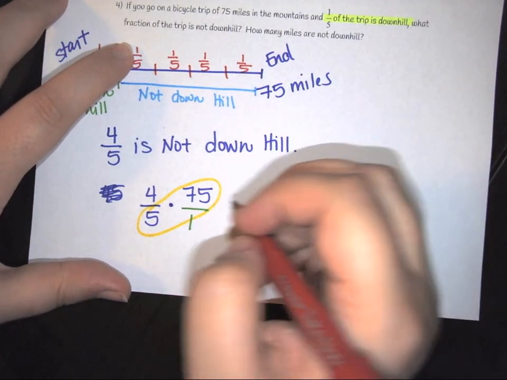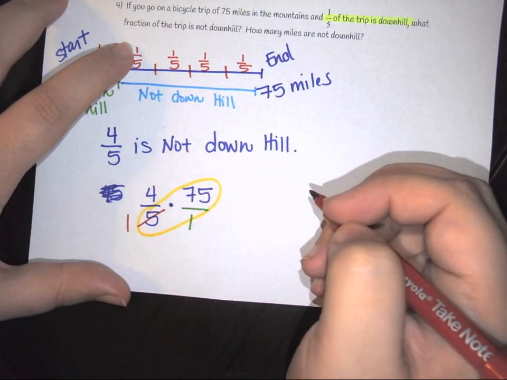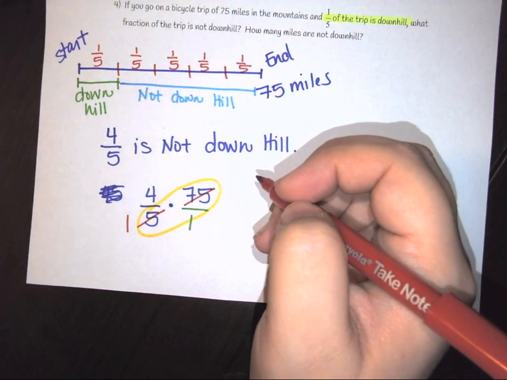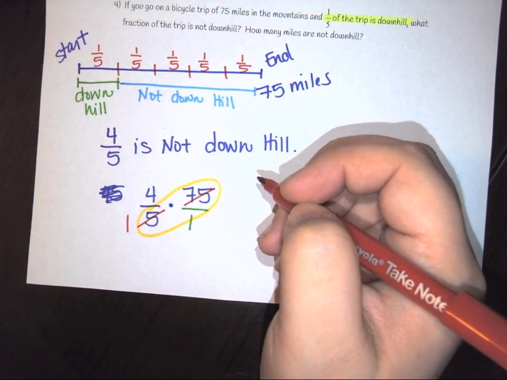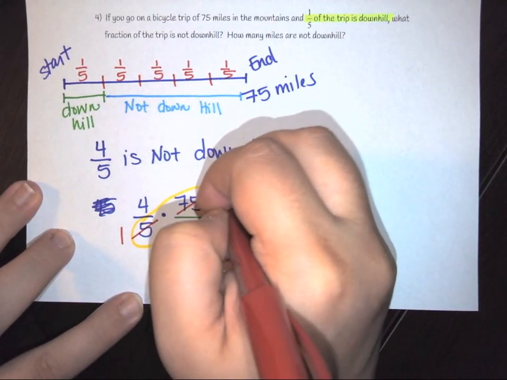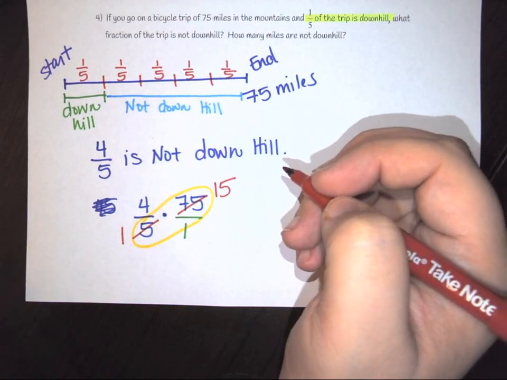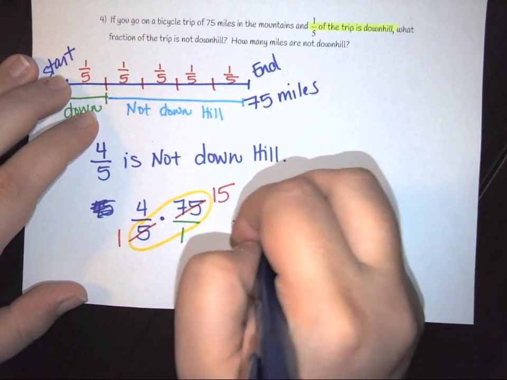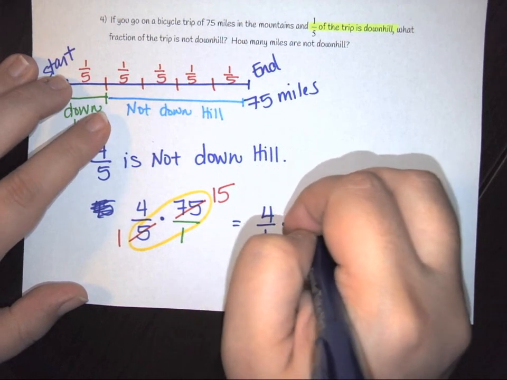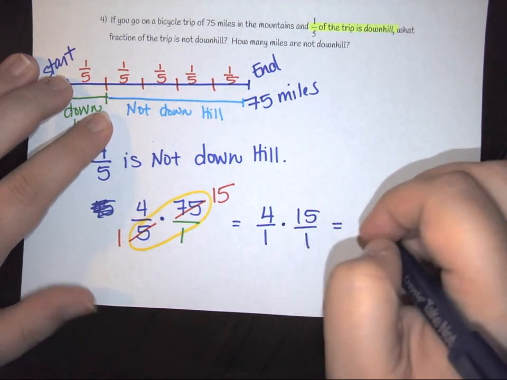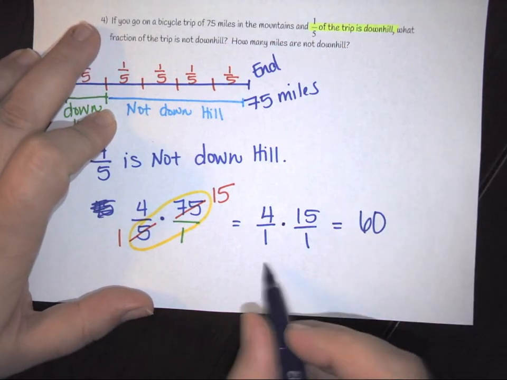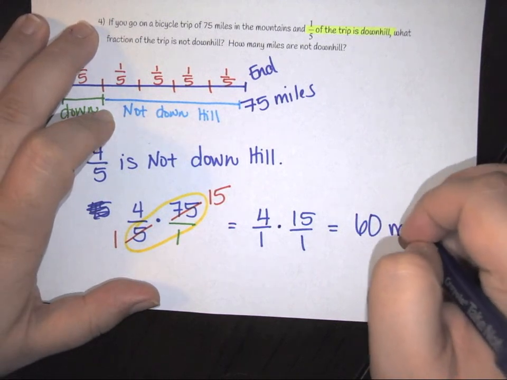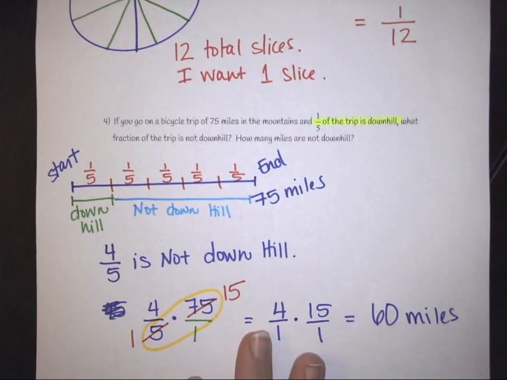In doing so, you're going to find that the 5 goes away, and the 75 becomes 15 left over. And so this tells us that we have 4/1 times 15/1. 4 times 15 gives us 60. Since we're over 1, we can leave it off. And we were talking about miles, so 60 miles. Okay.